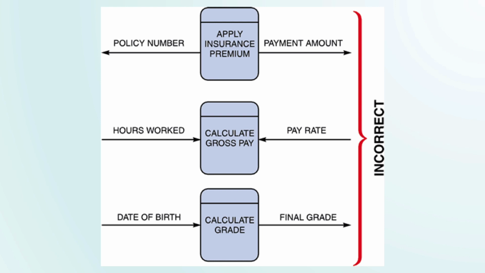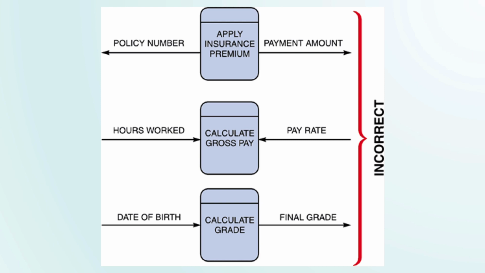As I said before, the date of birth is not sufficient or suitable to calculate the final grade of a student. In this picture, please look at the data flow symbol as well. As you can see, the data flow is a line together with an arrowhead.